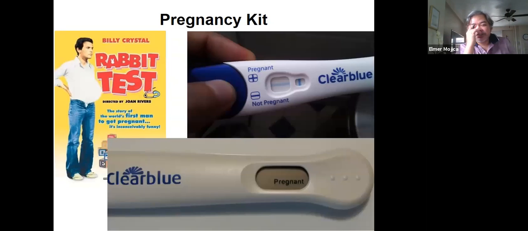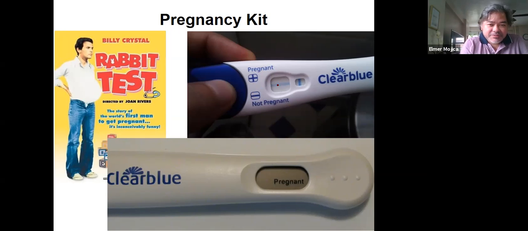Okay, so as I told you, the pregnancy test was called before the frog test or the rabbit test. But if you're going to look at the basis of the pregnancy test, when you add urine, you can determine if you're pregnant or not.